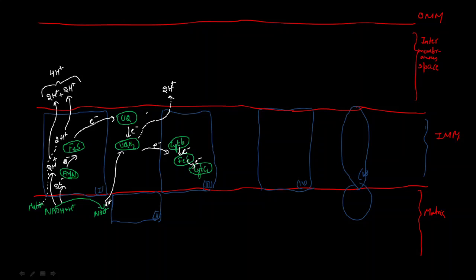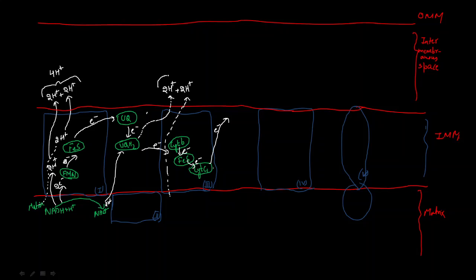So two protons are coming from here, and since again these electrons become part of the third complex, it is going to feel that negative vibe, you can say, because of the presence of those extra electrons. So again this third complex is going to pick the protons from the matrix, and when electrons are given out to another complex, these protons are going to get released towards the intermembranous space.